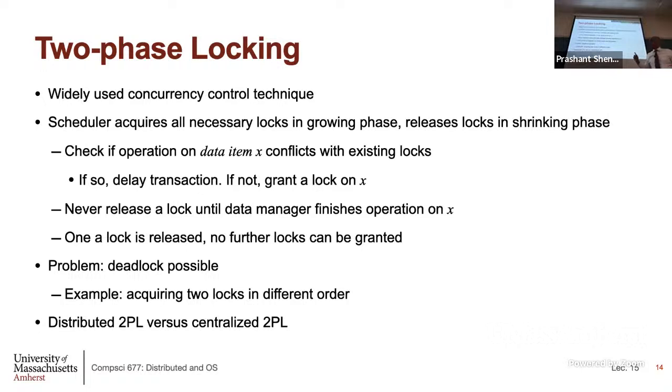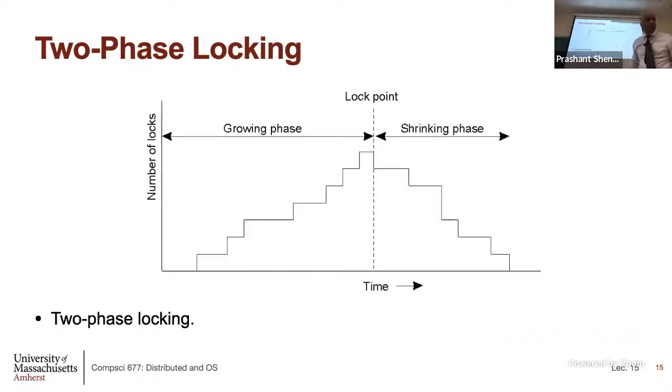This is why it's called two-phase locking, because you will see this picture. This is a picture of how many locks a transaction holds at any given time. The x-axis is time and the y-axis is the number of locks. The first time you touch some data item in the database, you grab a lock. You touch another data item, you grab another lock, and the third one, the fourth, and so on.